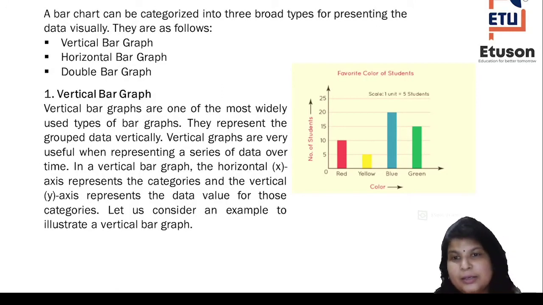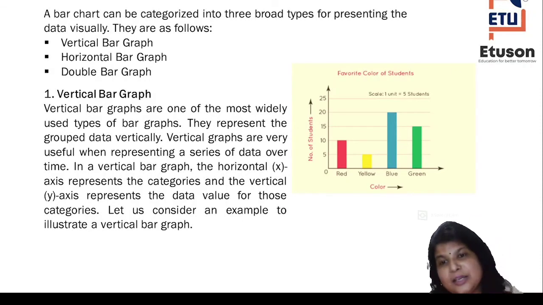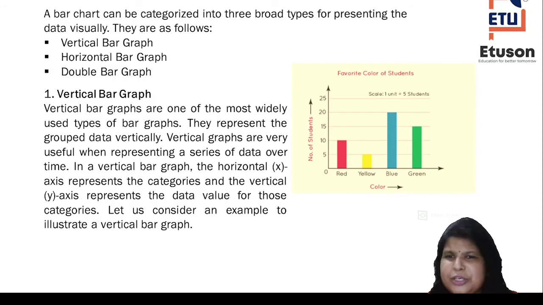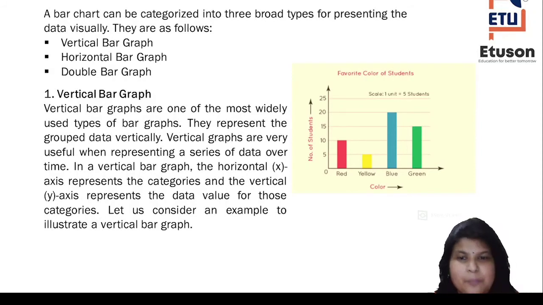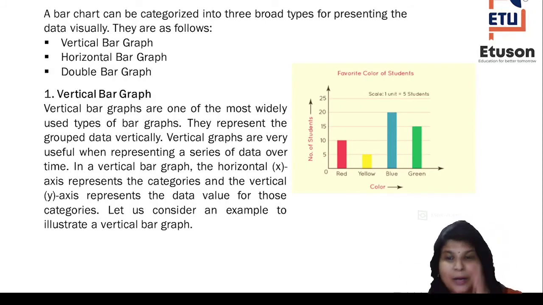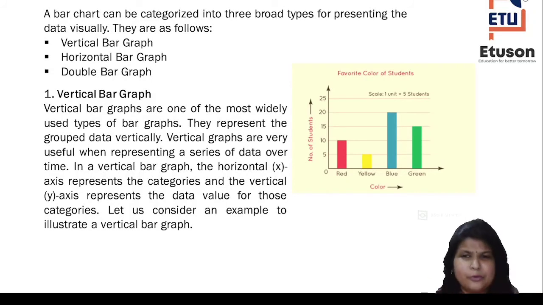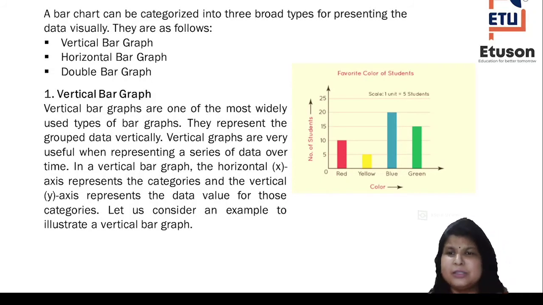So here the favorite color of the students is plotted in the bar graph. As you can see, all the bars are plotted in a vertical direction. Red is represented by a red bar, yellow by a yellow bar, blue by a blue bar, green by a green bar, and so on.